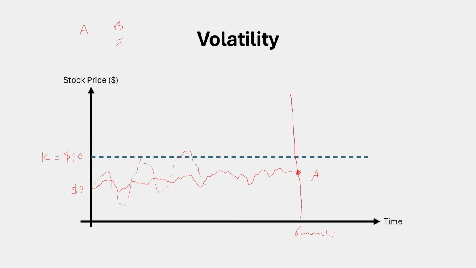As you can see, because the volatility is higher, the stock price moves around a lot more, and there is a better chance that stock B might expire in the money. So in general, an increase in the volatility increases the value of the option contracts. And this is true for both call options and put options.